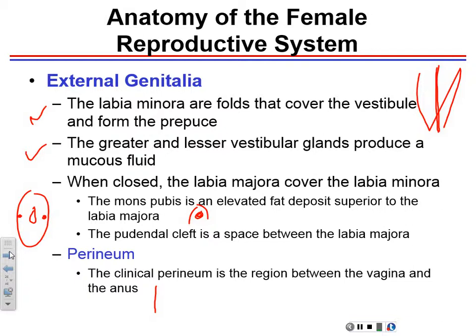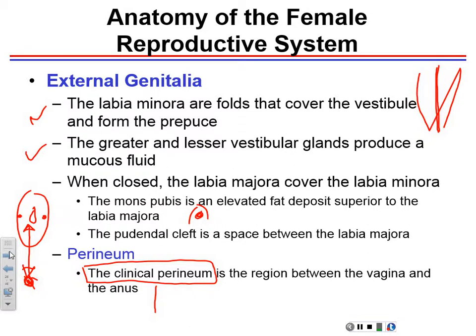Instead of incurring vaginal tears because the baby is maybe too big, they make an incision from the vagina towards the anus to make the opening a little bit wider, and that's called an episiotomy. So the anus will be here, and this space here is the perineum.